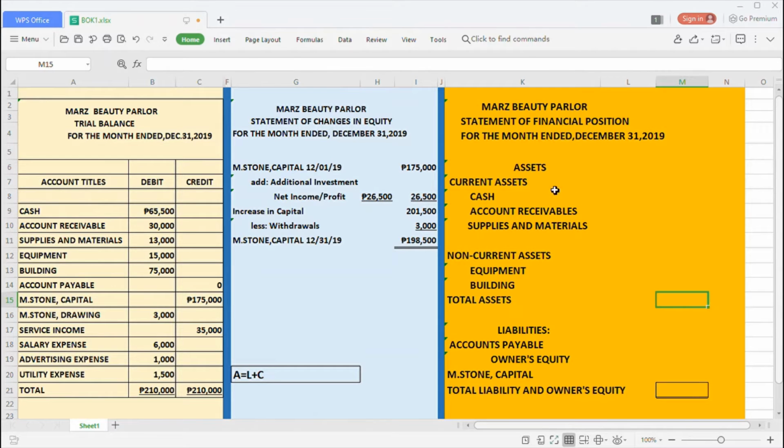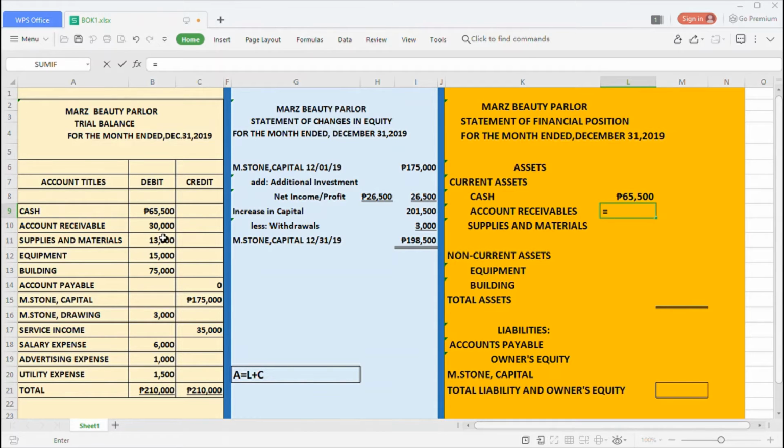Let's start. Alright, so for our current assets, we have here the cash. Saan natin kukunin yung amount niya? So here sa trial balance, maglagay lang tayo ng equal sign para i-copy lang natin to. Alright, so that is 65,500 for our cash. Okay, as you can see in the trial balance. Okay, so we also have the accounts receivable.